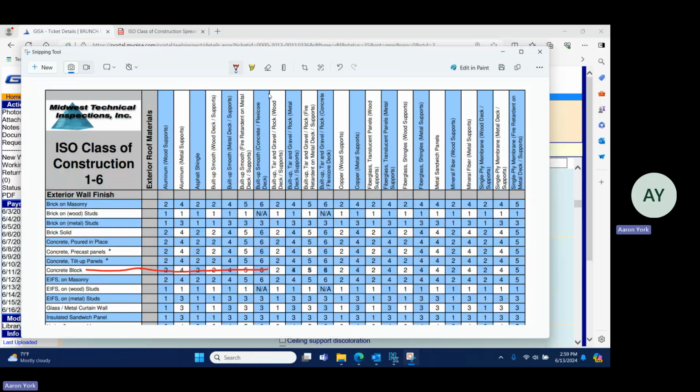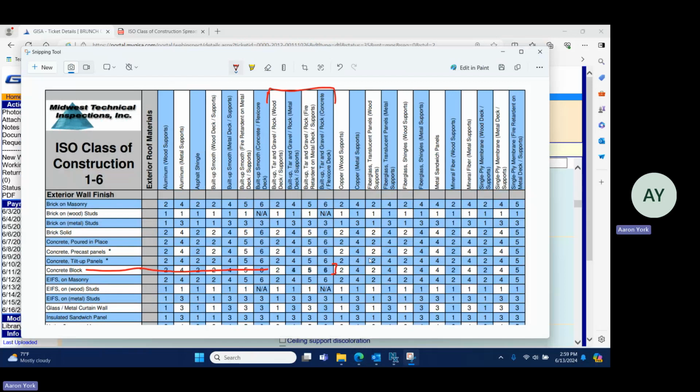When you look at this ISO class construction spreadsheet, you see that you have 4 possible selections here for the ISO class that would arrive for your built-up tar and gravel roof here.